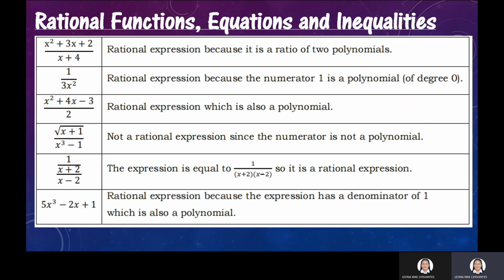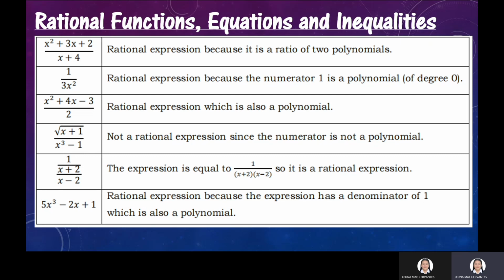Next, 1 over 3x squared is a rational expression because the numerator 1 is a polynomial of degree 0. x squared plus 4x minus 3 over 2 is a rational expression, since 2 is also a polynomial.